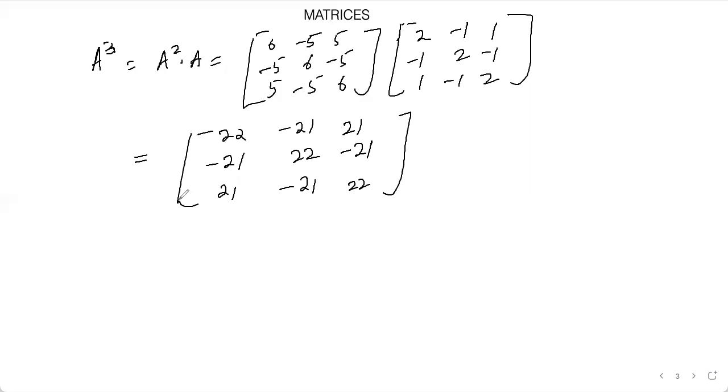Finally we'll substitute in A cube minus 6A square plus 9A minus 4I.